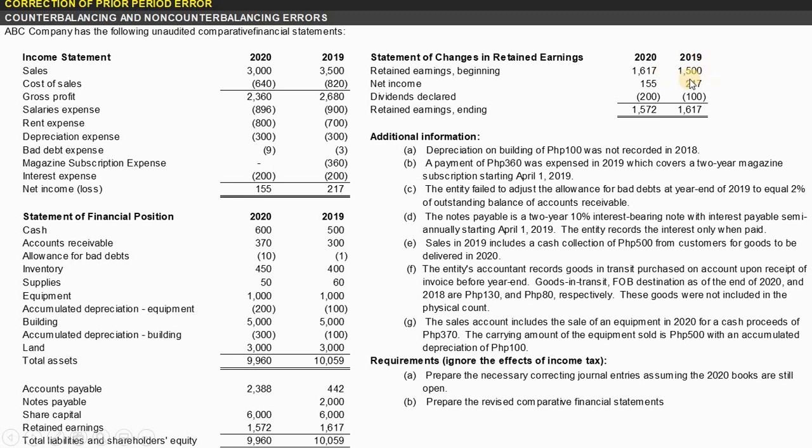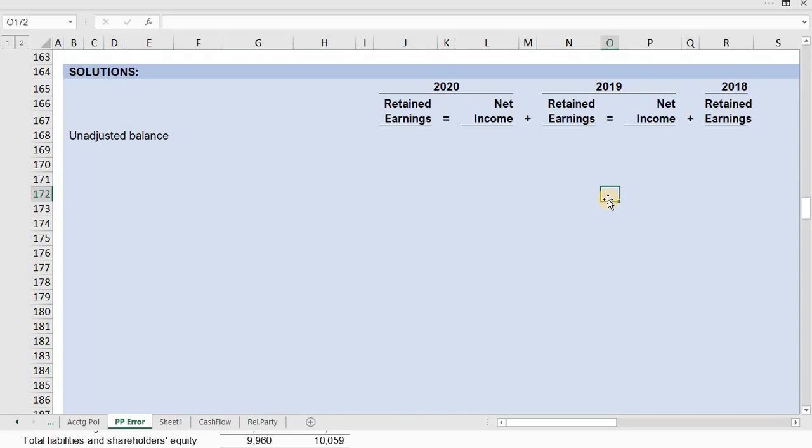So it means this is the ending balance of RE in 2018. And the net income in 2019 is 217. This is the unadjusted net income.